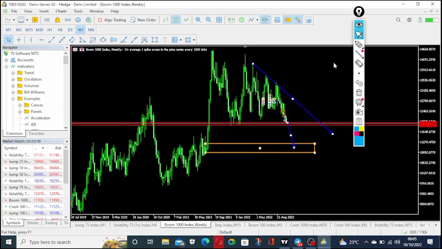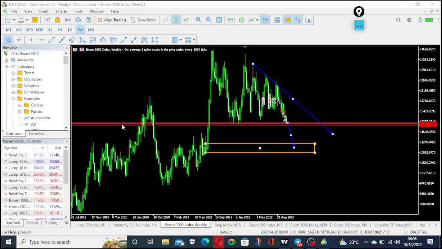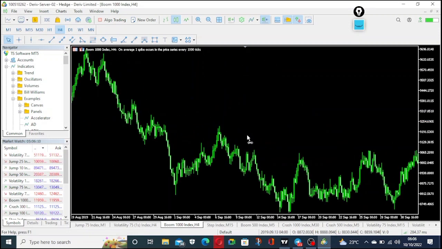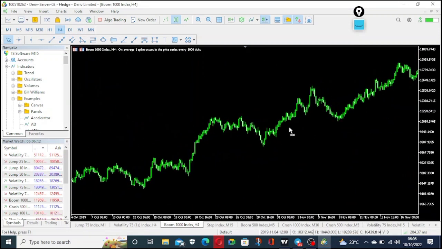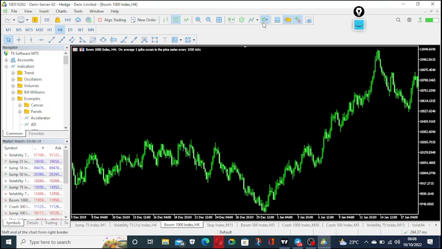Most of us are scalpers, and we tend to take quicker advantage, so our concentration is going to be mostly within this area for now. So I'm going to go down to the lower time frame to show what could possibly be happening. Let's go down to the H4 and see what to expect.